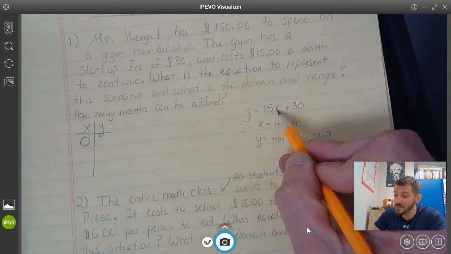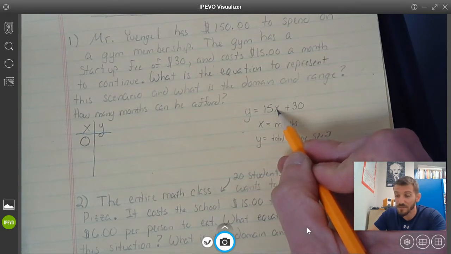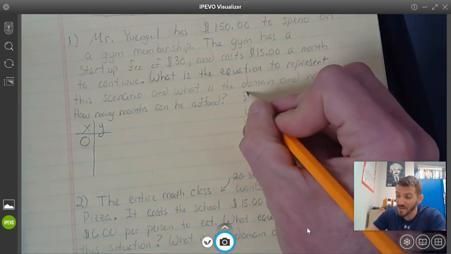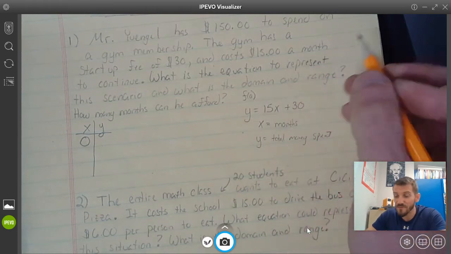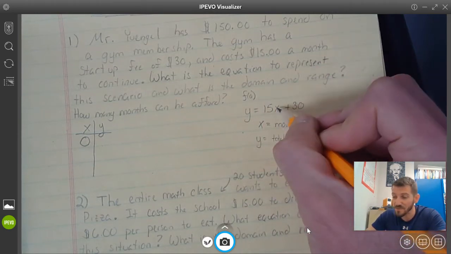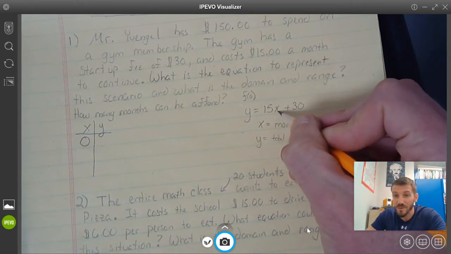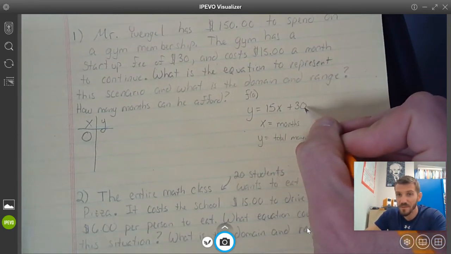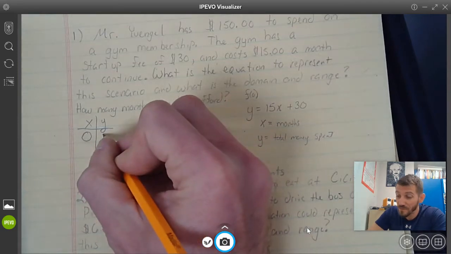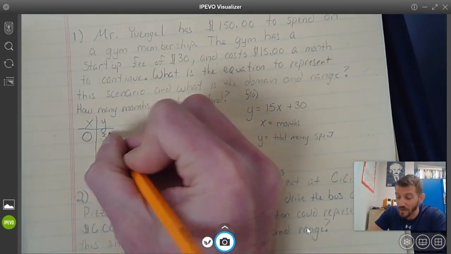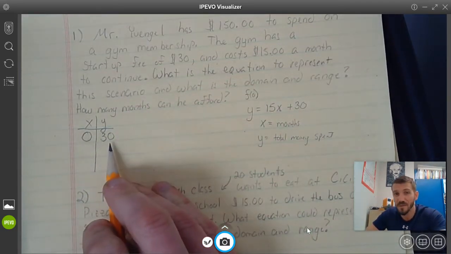If I plug in 0, function notation, right? If I said, what is f of 0, that would be function notation, meaning plug in 0 for x. 15 times 0 is 0, plus 30 is 30. So even if I do not ever work out, it would still cost me the startup fee of $30.